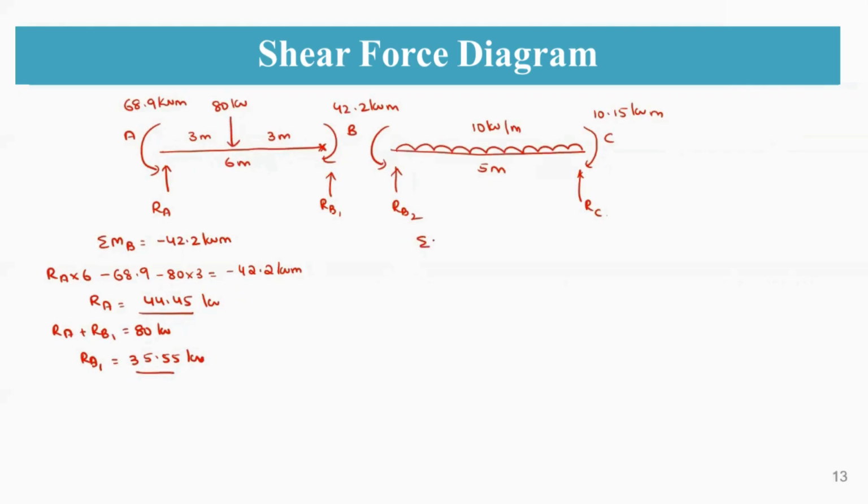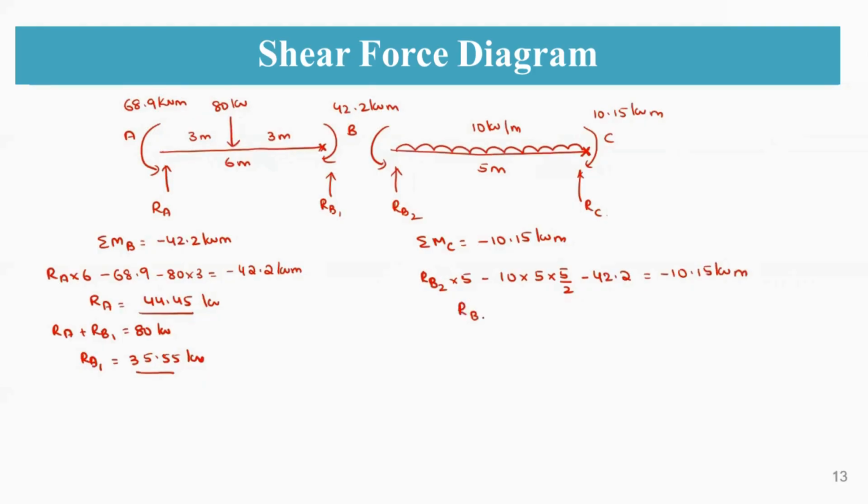Similarly, when we take sigma MC, that is equal to minus 10.15 kilonewton meter. So we are taking moment about this point. That will become RB2 into 5 minus 10 into 5 into 5 by 2, that is the UDL, minus 42.2 will be equal to minus 10.15 kilonewton meter.